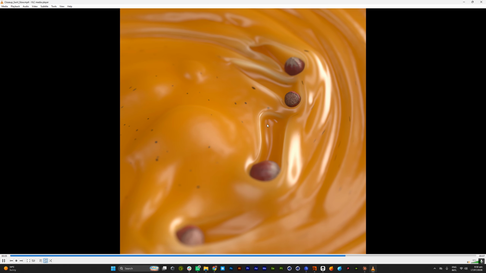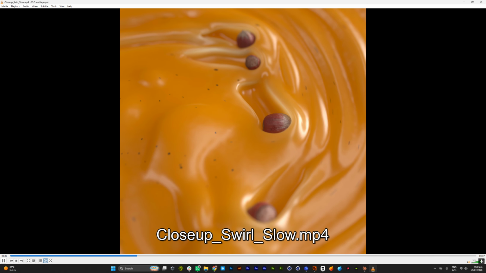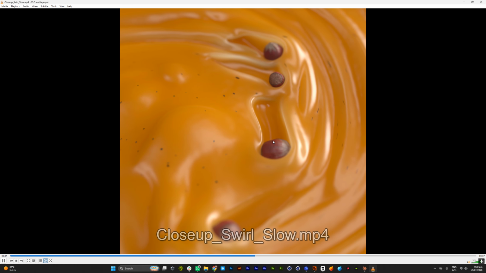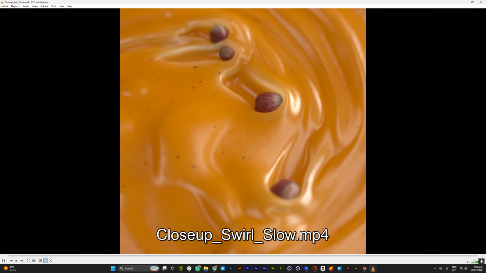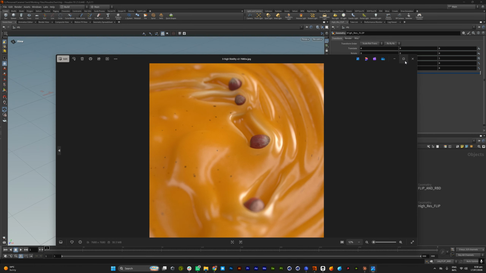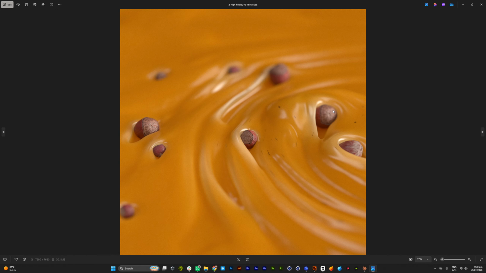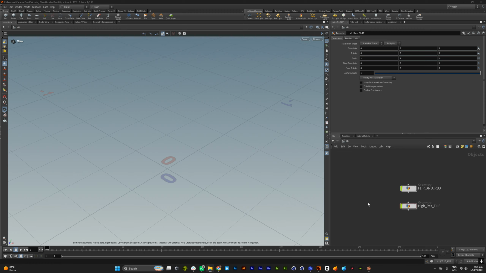This is what I tried to recreate: a caramel swirl with a highly viscous liquid and some hazelnuts sort of punching through it. I have a few still renders of them as well, and there you go. So this is essentially what we're trying to recreate.